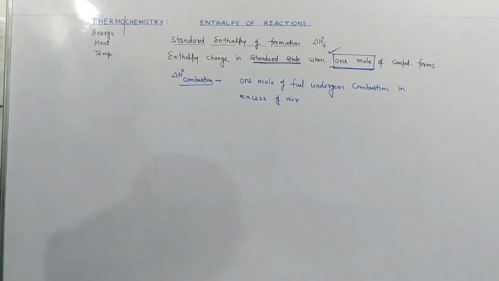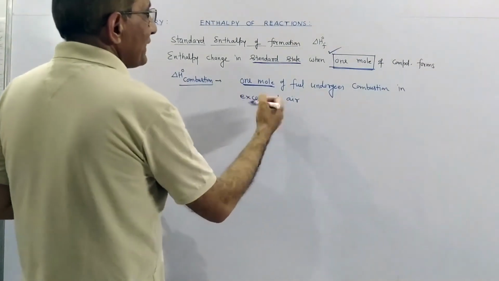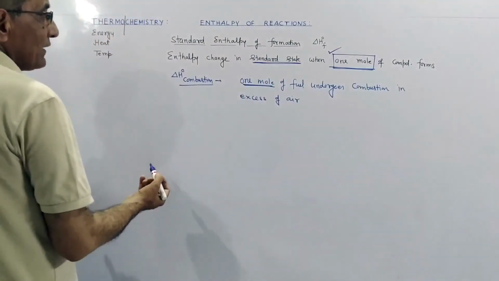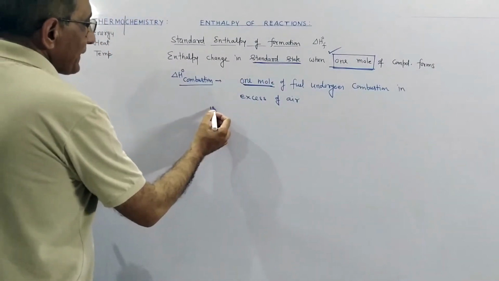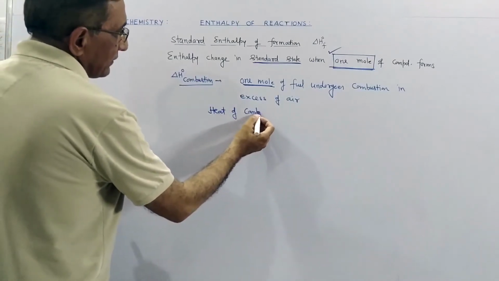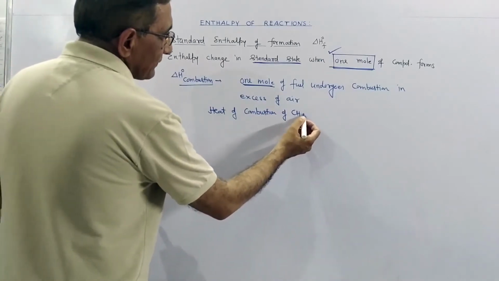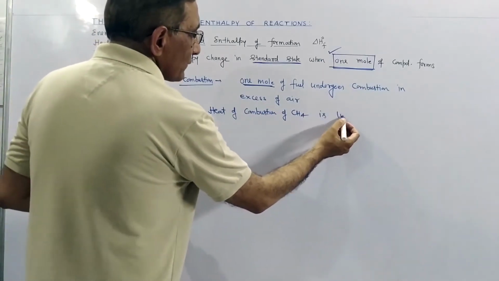So the word 1 mole we always need to write. Now what is the significance of 1 mole? Why are we writing 1 mole again and again? Suppose there is a statement that heat of combustion of methane is 100 kilojoule.